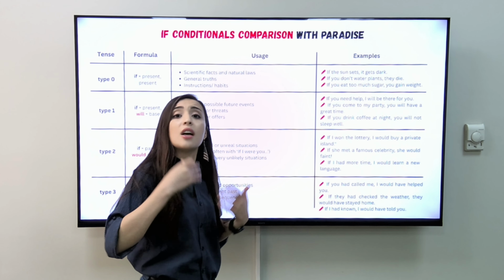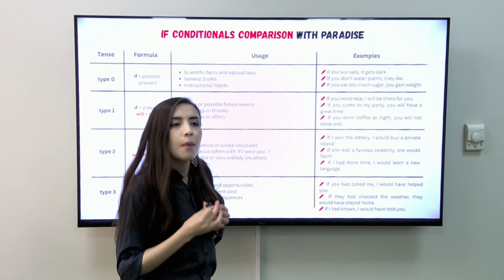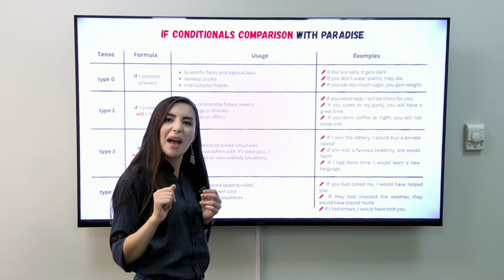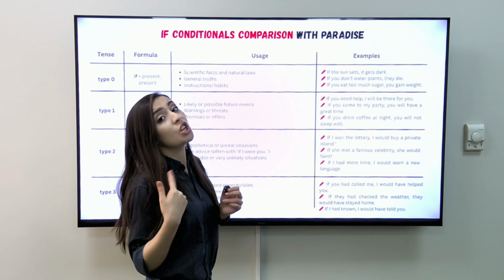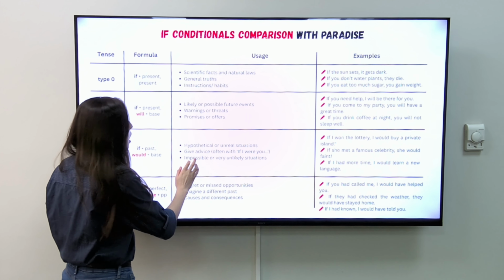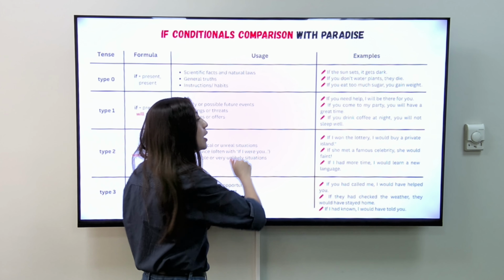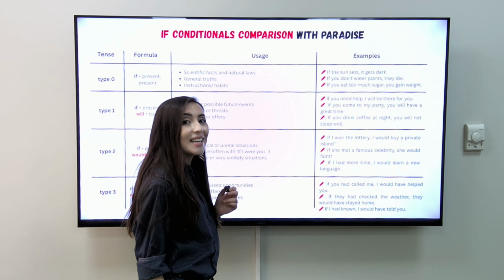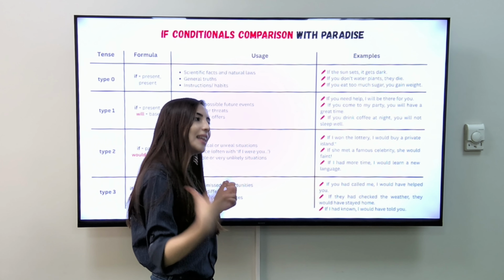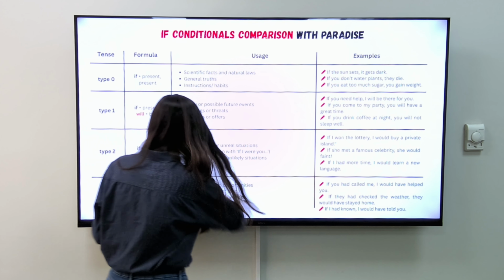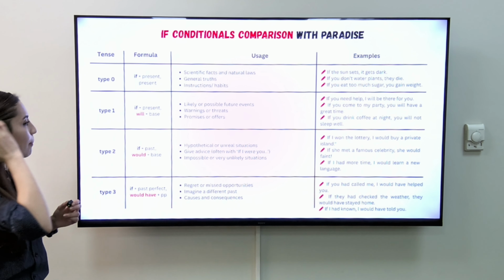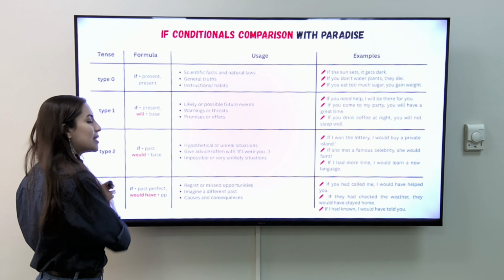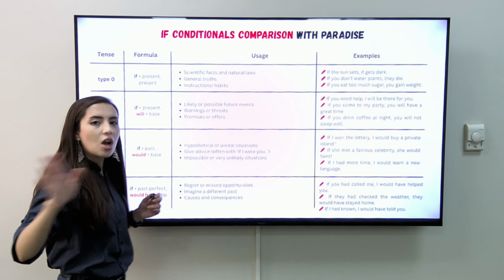No, the decision is yours, it's not mine. But I'm describing an imaginary situation in which I am the one in charge. Impossible or very unlikely situations. You see, it's getting less and less probable to happen. And the last type, oh man, it's saying that it's not going to happen.